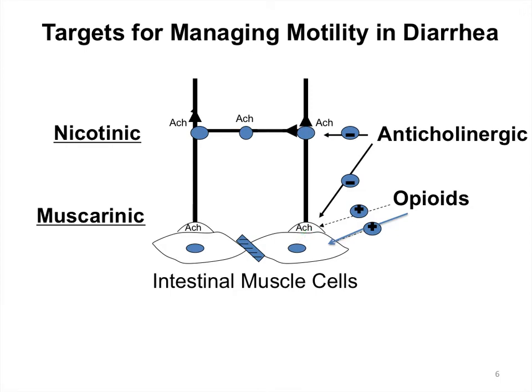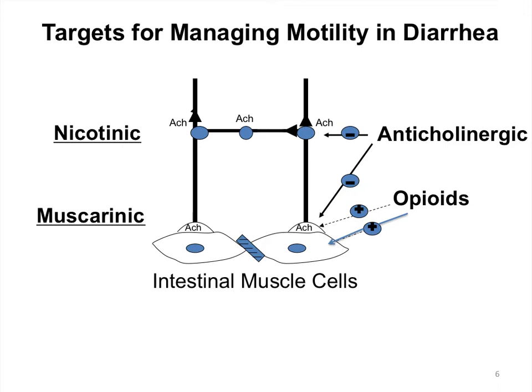But you can see here that this type of inhibition of acetylcholine's effect would only be useful if there was diarrhea associated with increased motility, not decreased motility. And we talked about in causes of diarrhea that motility most often is reduced in the case of a diarrheal condition.